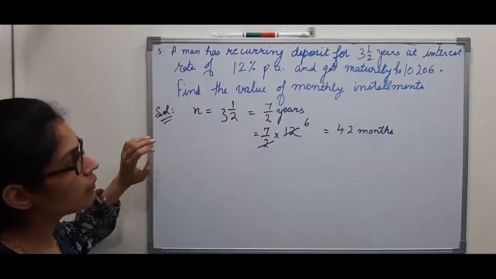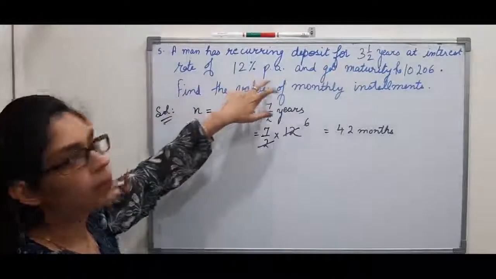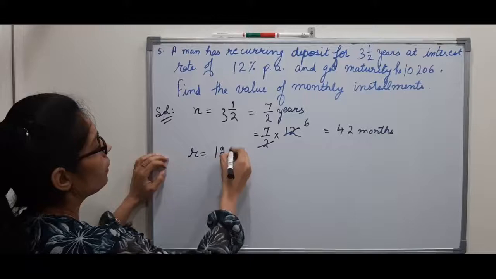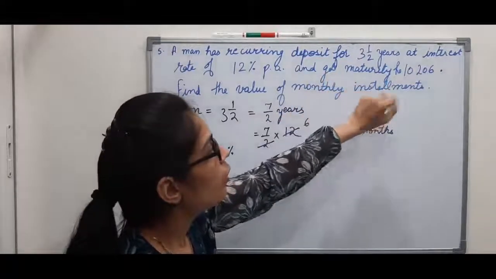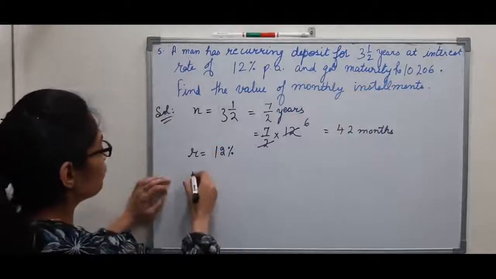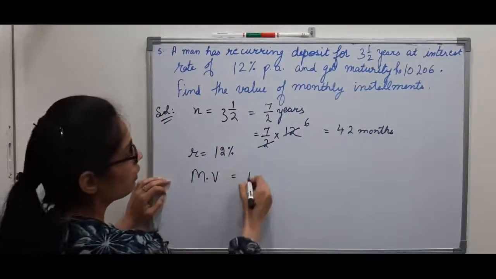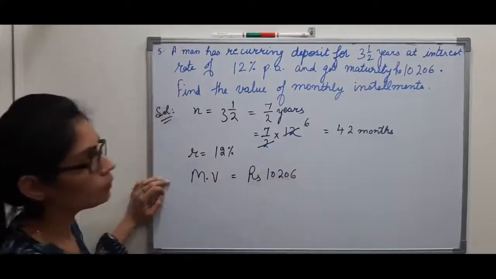Now I'll see what other things are given. Interest rate of 12% per annum, so R is 12% per annum, and it gets a maturity of rupees. Again they have given us the maturity value, which means P is not given in this question also.